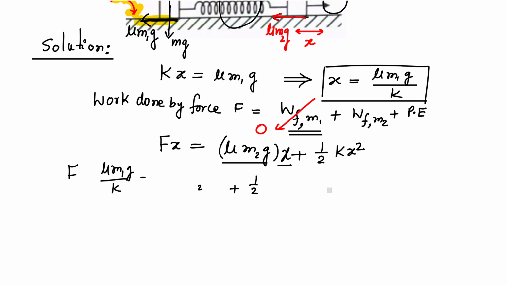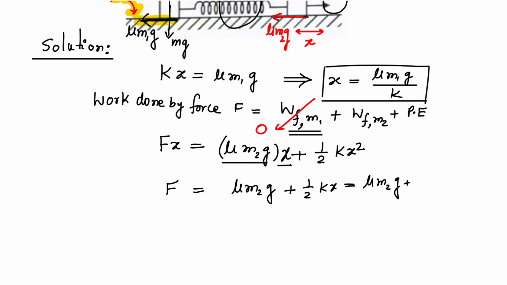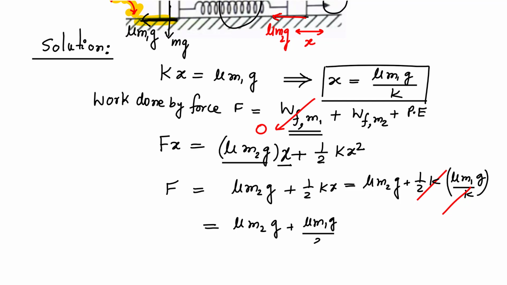So if you cancel x, you will have F is equal to mu m2g plus half kx. So this will be mu m2g plus half, and x is nothing but mu m1g divided by k. So k gets cancelled out. So you will have mu m2g plus mu m1g divided by 2. So this is the minimum force that is required.